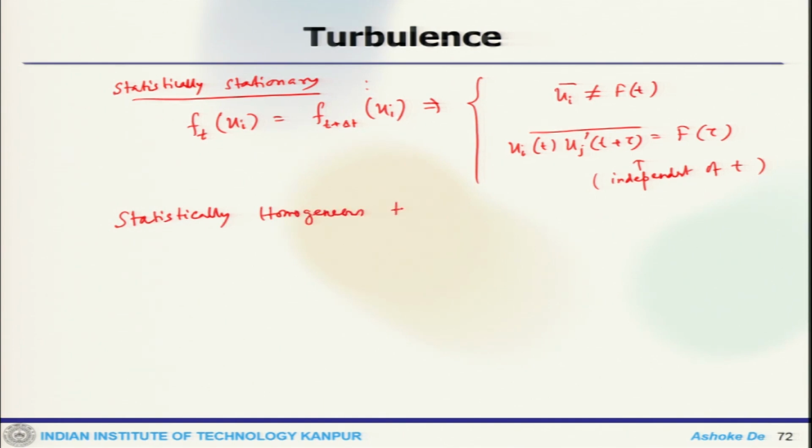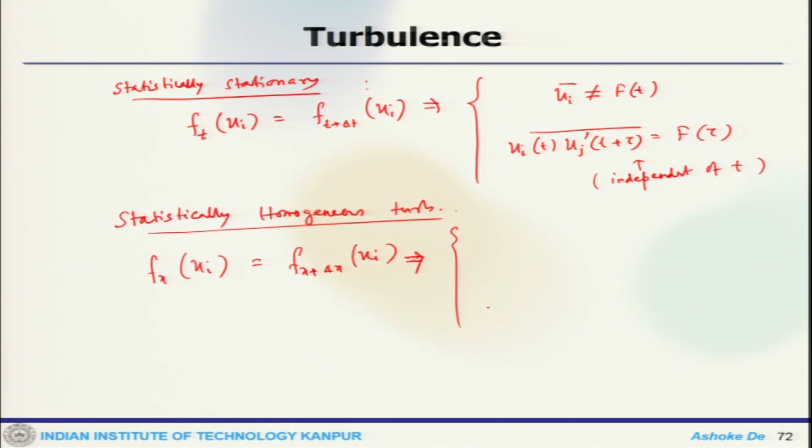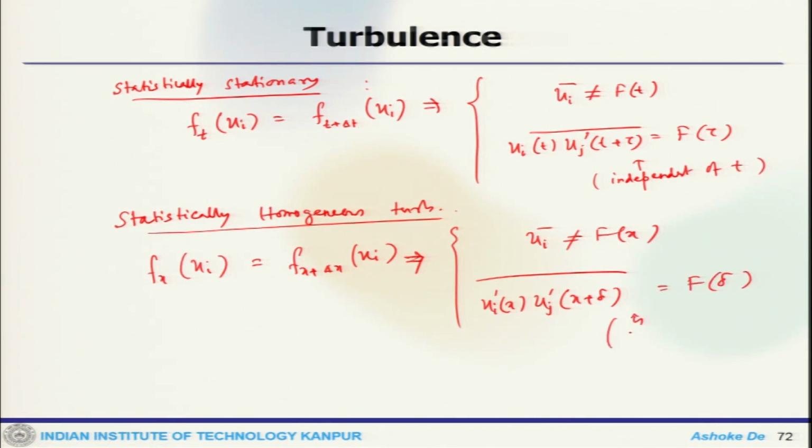For statistically homogeneous turbulence, we can write f(x plus delta x, u_i), and u_i mean is no more a function of space, and the correlation of u_i prime and u_j prime at x plus delta x is a function of delta x, which is also independent of x.